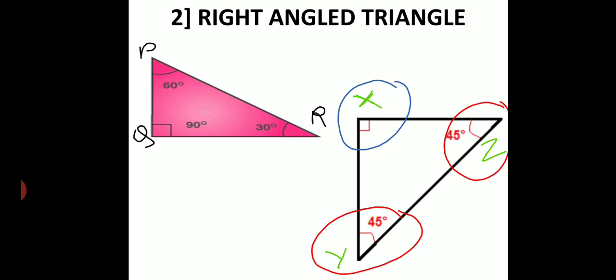So students, here in both these examples, you notice that in triangle PQR, out of the three angles, only angle Q measures exact 90. So in a triangle, when you have a presence of any 90 angle, we call that triangle as a right angle triangle.